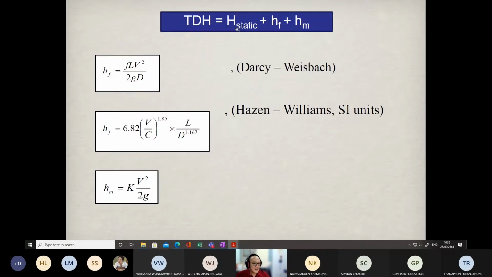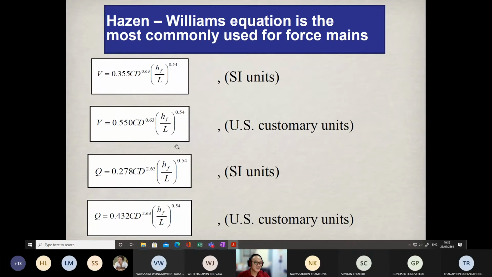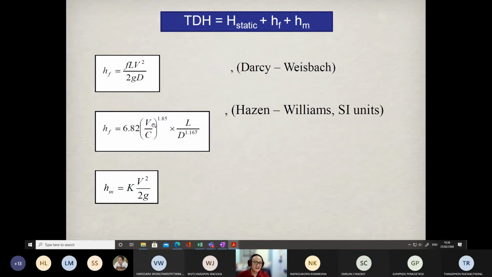The static head is basically constant, but the major loss and minor loss vary depending on the flow rates. Actually, the velocities, but as Q is equal to AV, V is equal to Q divided by A.